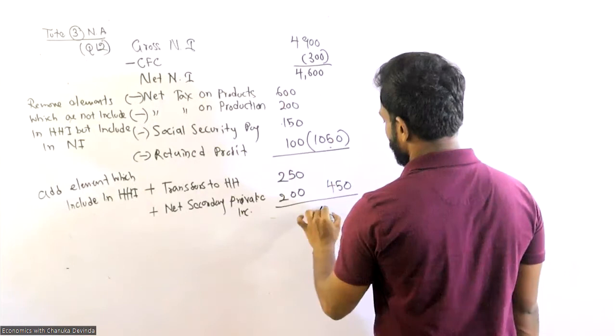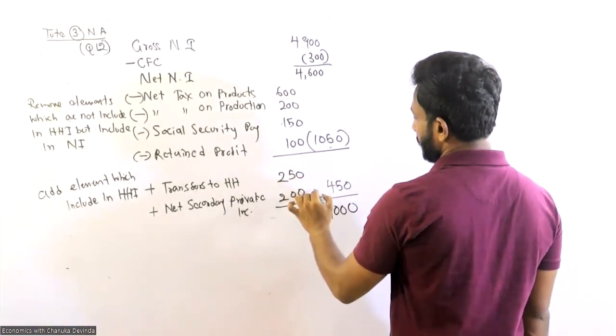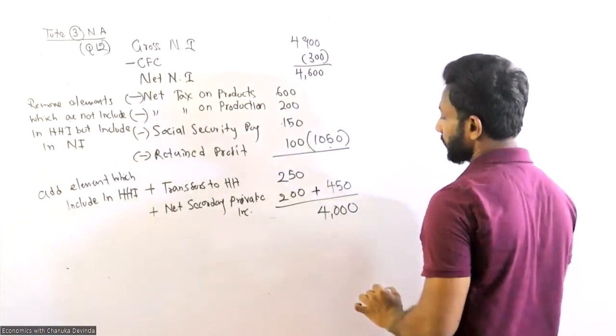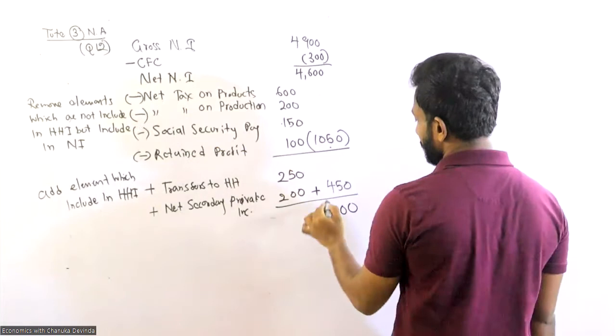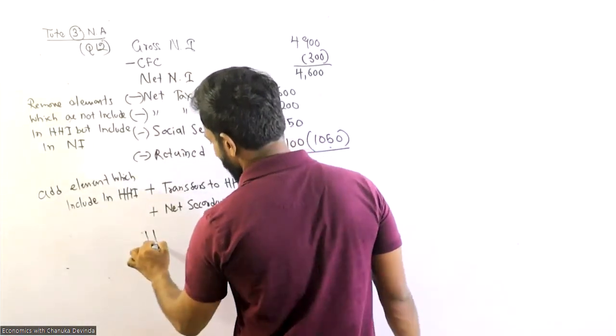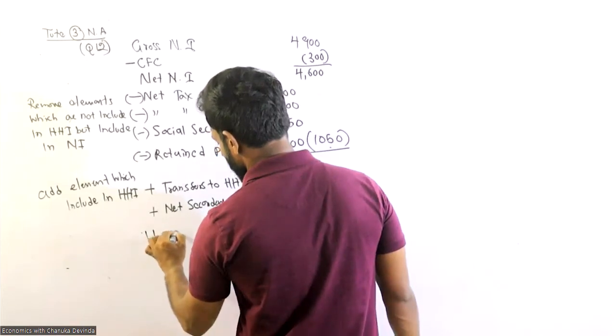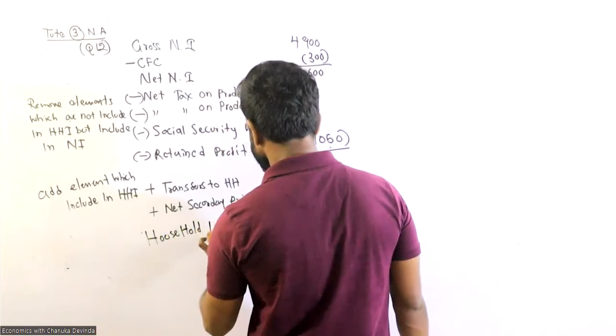So it is 4000. Here this should be added and this should be removed. For net 600 should be minus. This is the value of household income.